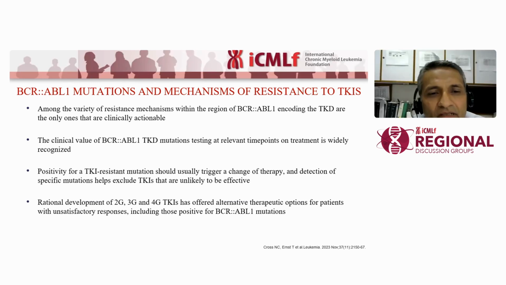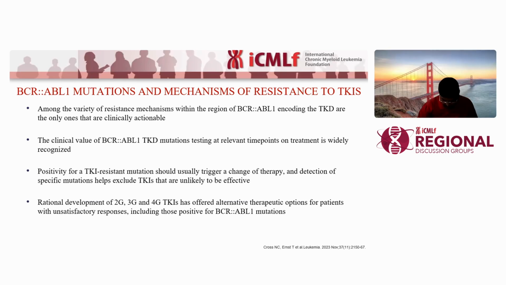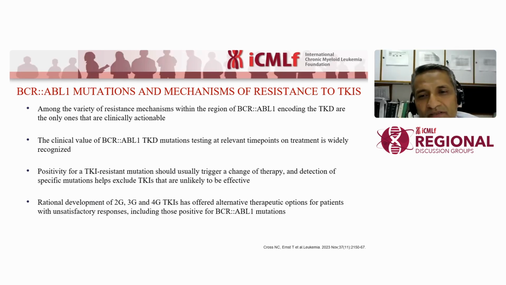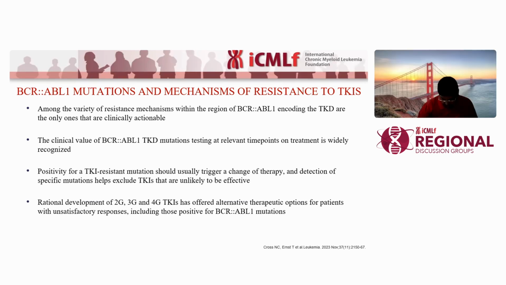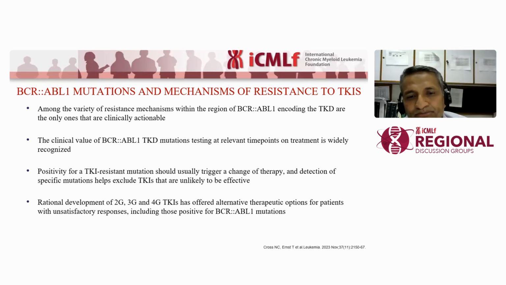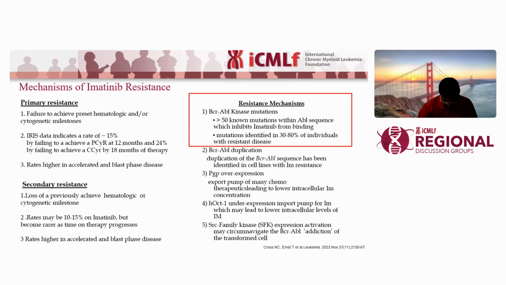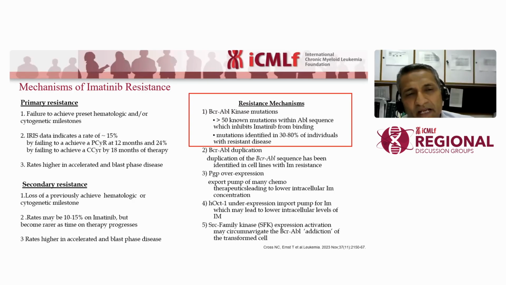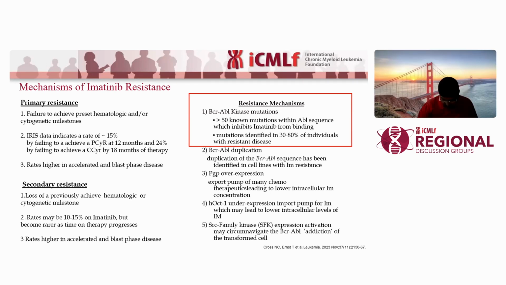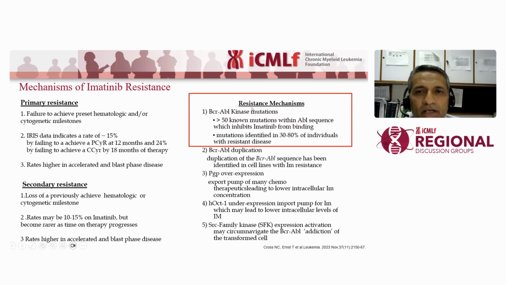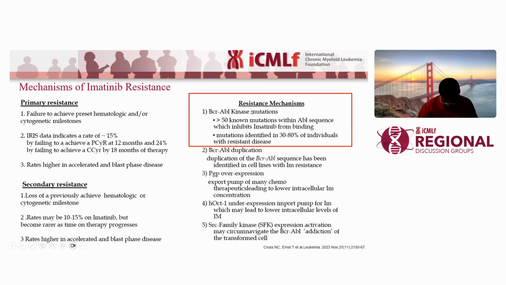That's why second generation, third generation, and further generation TKIs were rationally developed, to offer alternative therapeutic options to patients with an unsatisfactory response, including those who are positive for tyrosine kinase domain mutations. As I mentioned earlier, there are different mechanisms, but I will focus on the tyrosine kinase domain resistance mechanism.